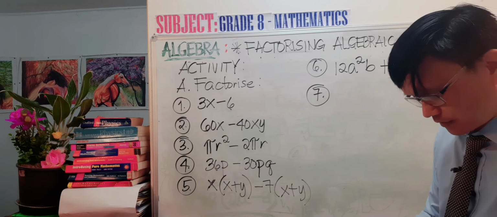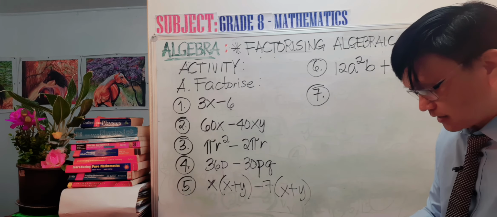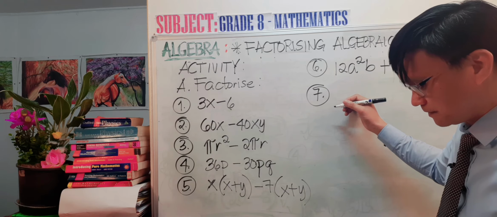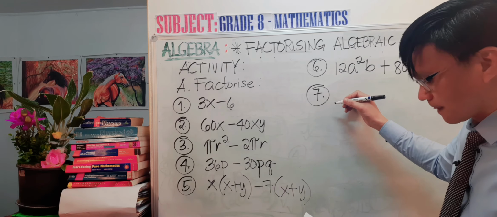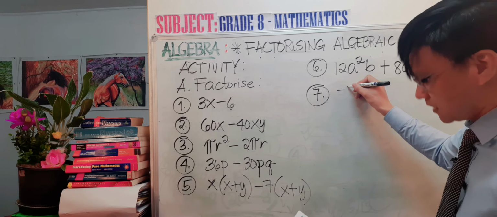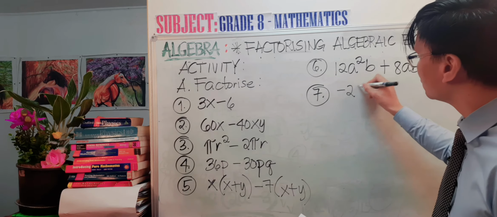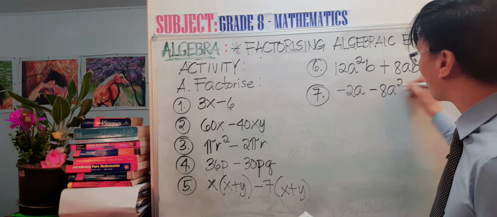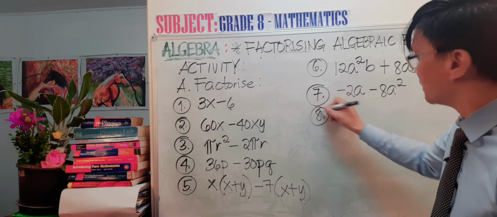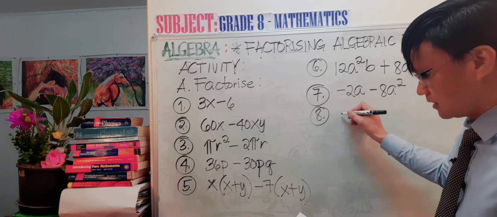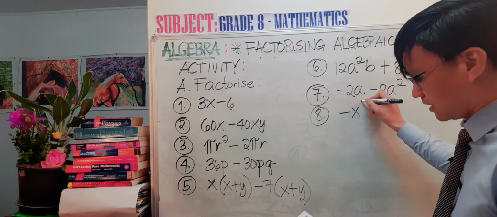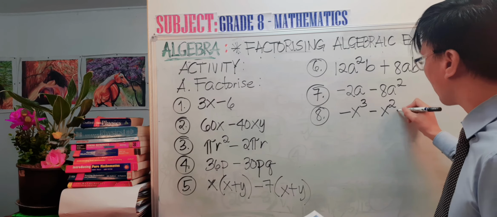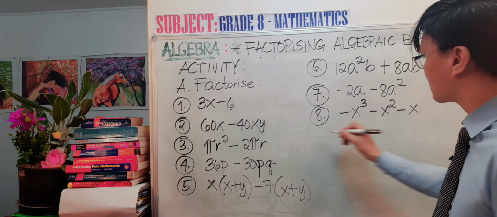Number 7, I'll have here negative 2a minus 8a square. Number 8, negative x cubed minus x square minus x.